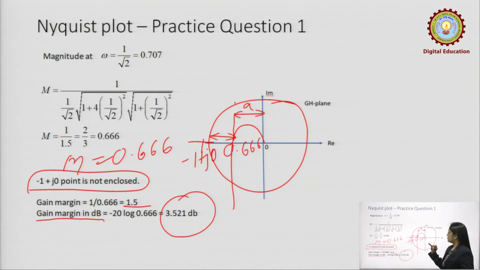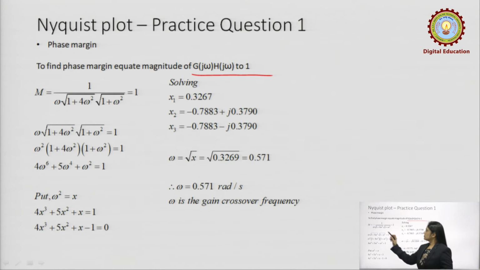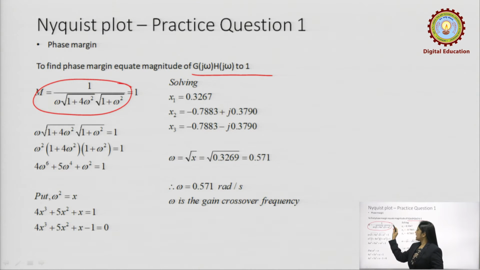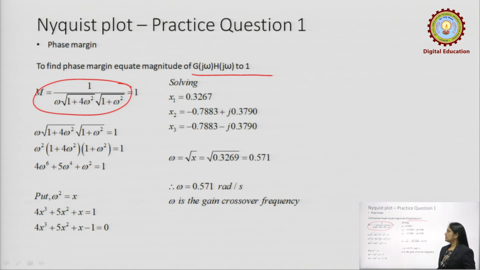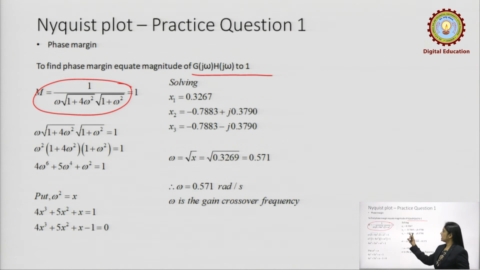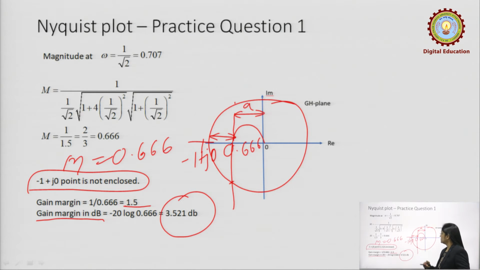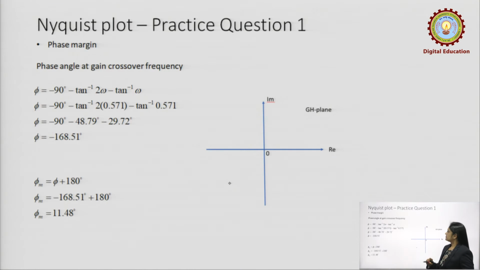The phase margin is obtained when the polar plot intersects the unity radius circle, that is when the magnitude of G(j omega) H(j omega) is 1. So, we have taken the magnitude equation and simply equated it to 1.